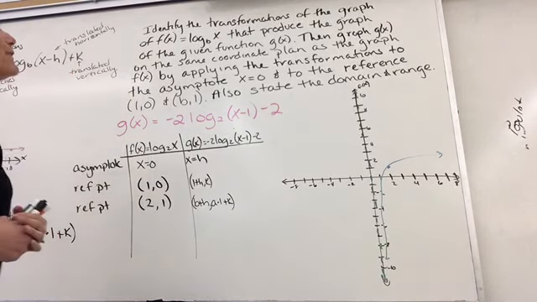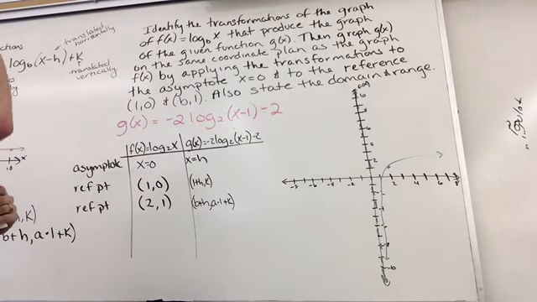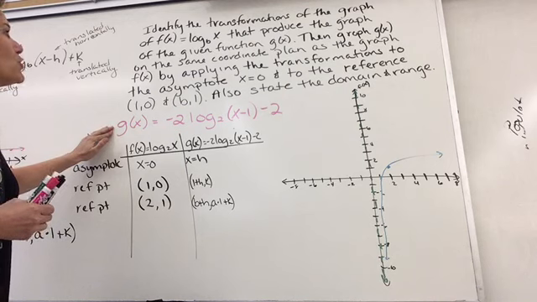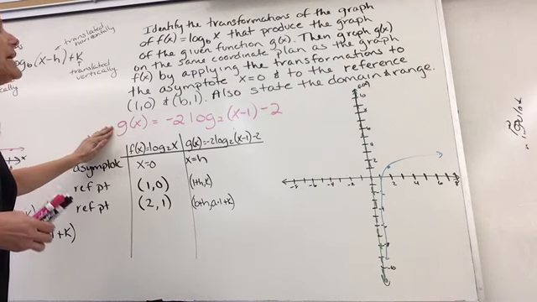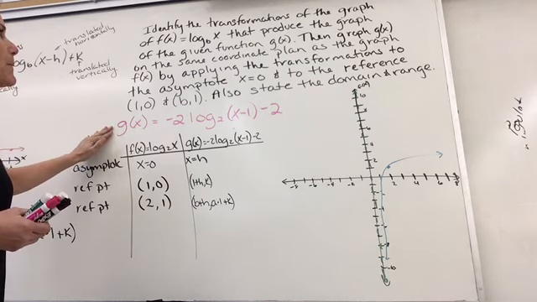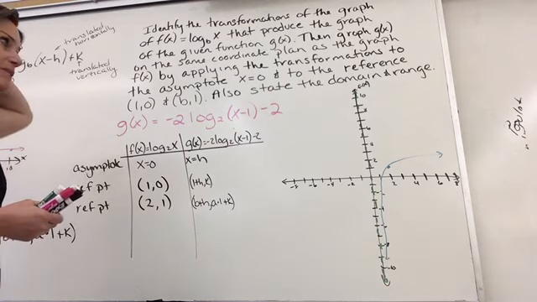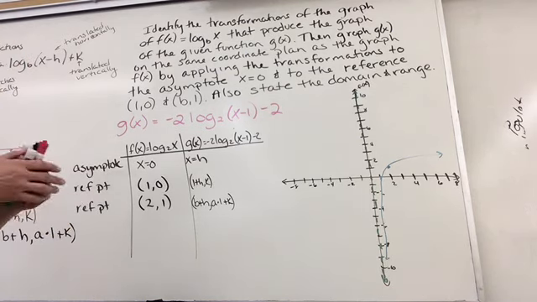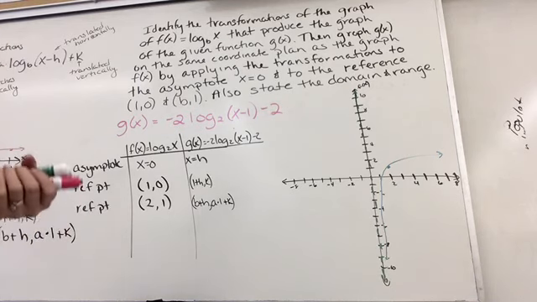This says to identify the transformations of the graph f of x, log base b of x, that produce the graph of the given function g of x. So here's our g of x. Then graph g of x in the same coordinate plane as the graph f of x by applying the transformations to the asymptote x equals 0 and to the reference points. Also state the domain and the range.